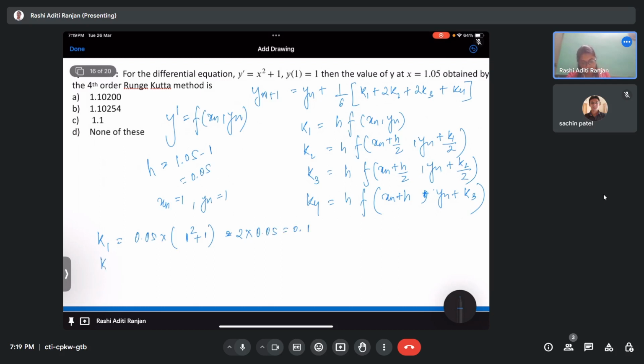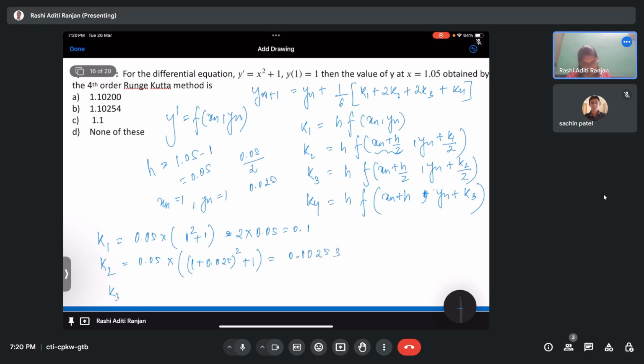0.1. Okay, k2 is again 0.05 into, I have xn plus h/2, which is 1 plus 0.05 divided by 2, and 0.05 divided by 2 would give me 0.025. Correct? So I'll have 1 plus 0.025 whole square plus 1, which would give me 0.10253.